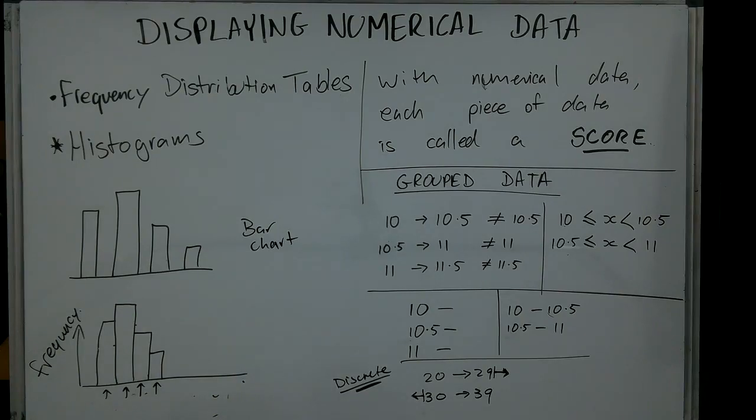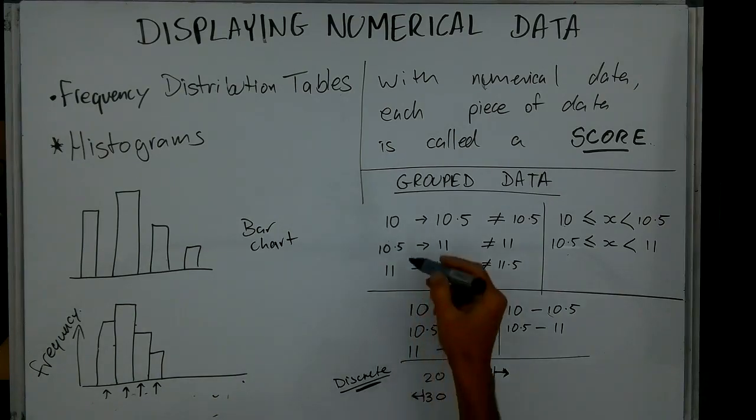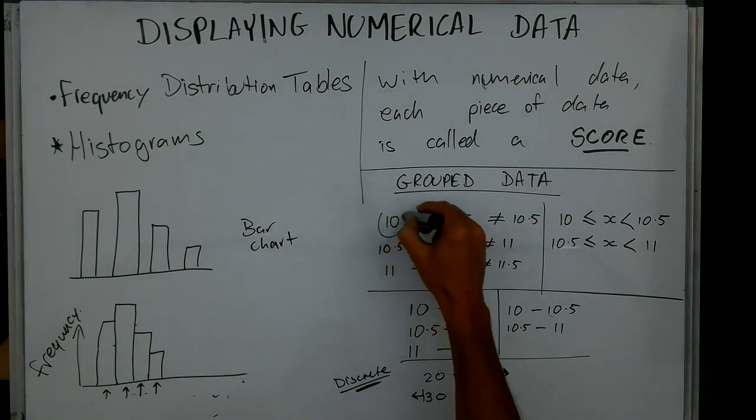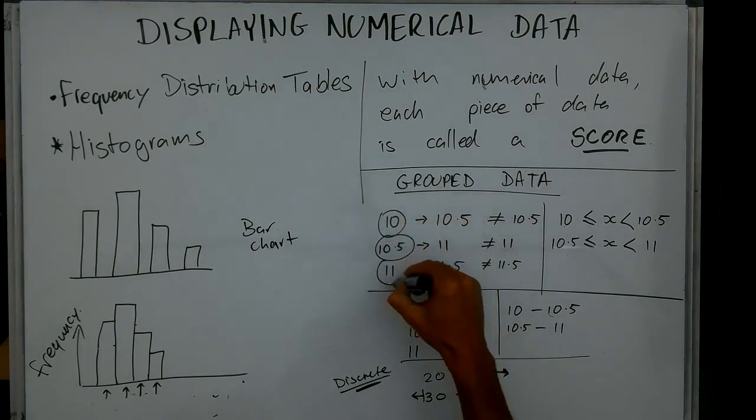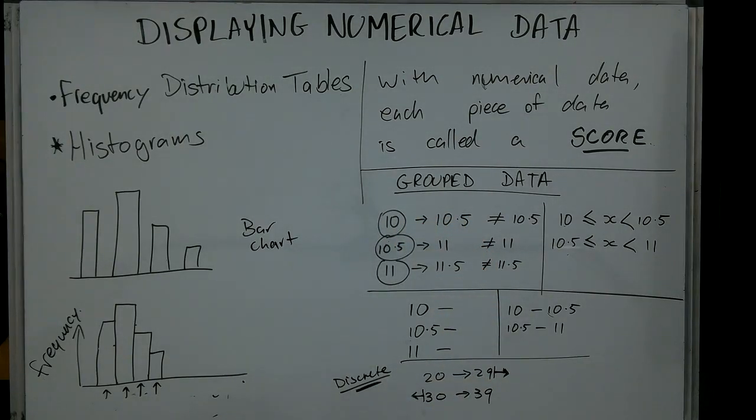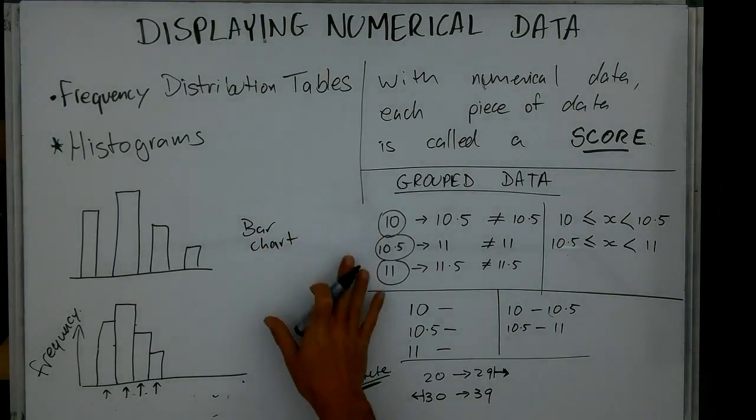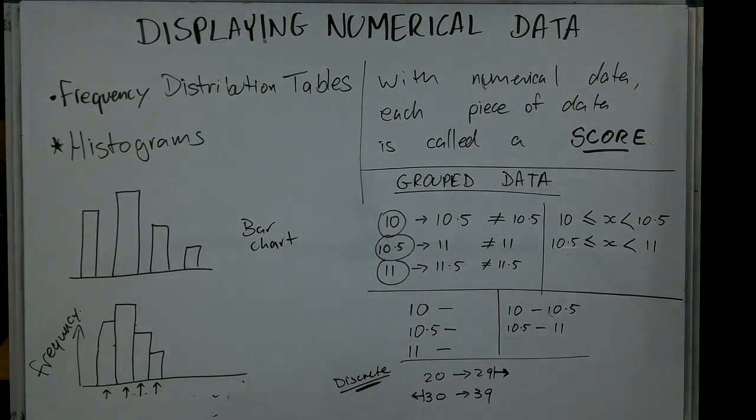If the data has been grouped, then these numbers would be representing where the groups stop and start. Labels matching the endpoints of each group are positioned under the edges of the columns. So that's just a slight variation depending on if our data is grouped or not.